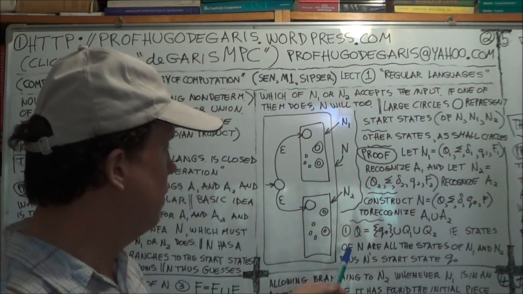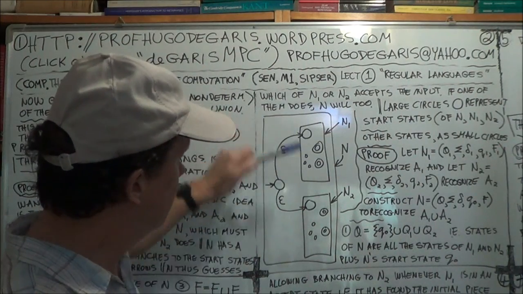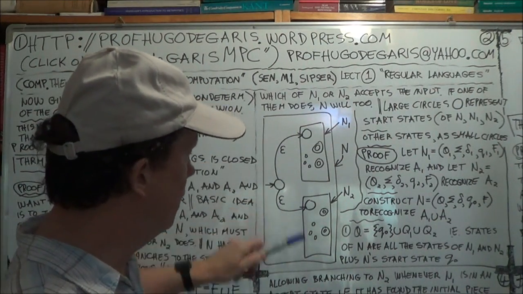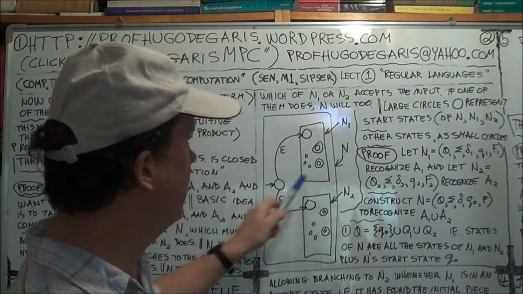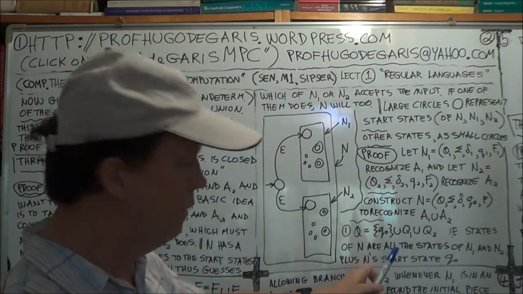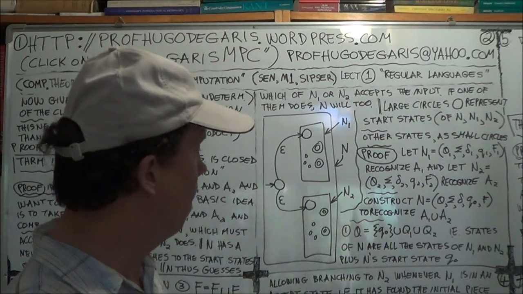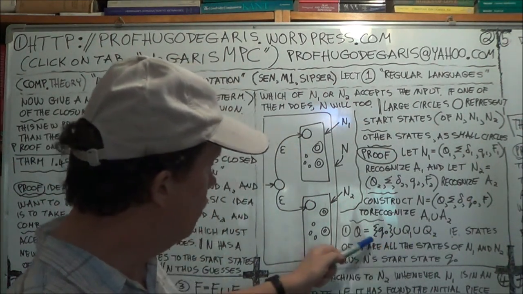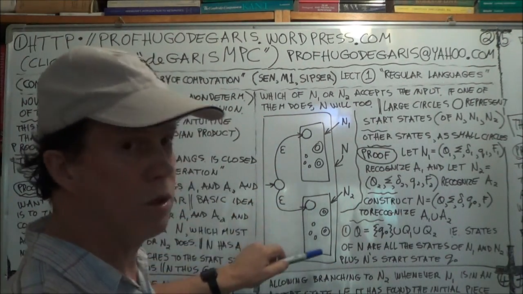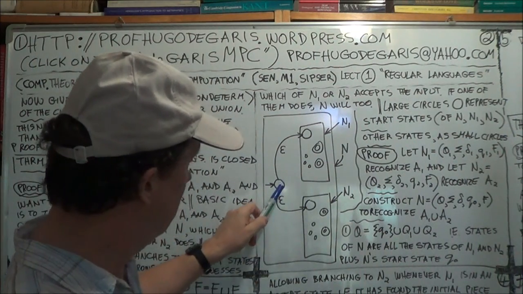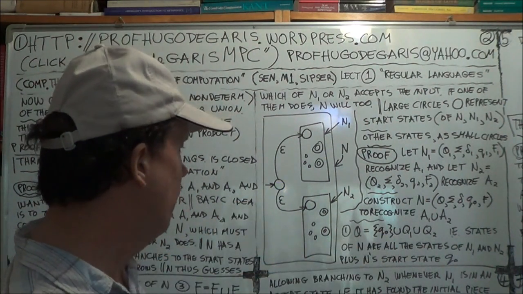Okay. So the set of states of N will be all N1 states and all N2 states, and this one. And that's Q0, that's the start state of big N, right? So you union these three sets. Well, this set here only has one element, Q0. Okay? So that's Q. So it's just the union of all N1 states, the union of all N2 states, union with Q0, right?